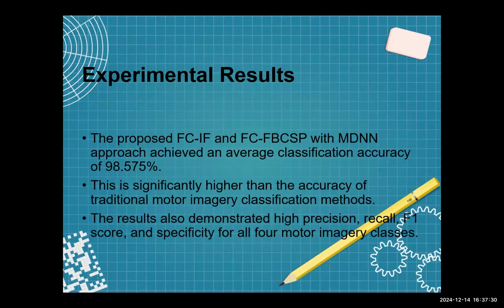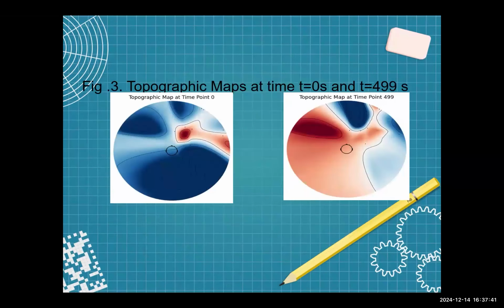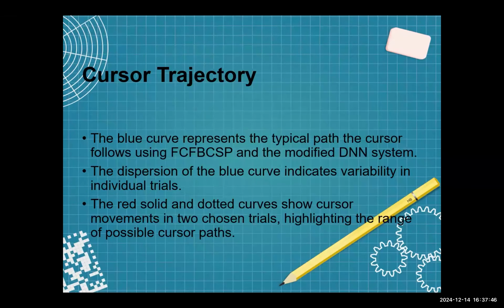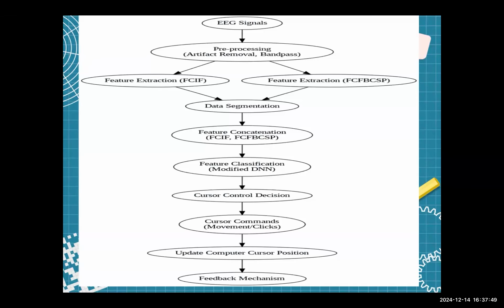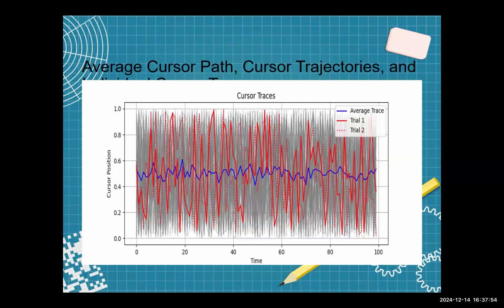Then compared to experiment results. These are the experiment results. This is the cursor. Here cursor position, cursor traces, average trace, trial 1, trial 2. So this is what we have observed from the graph.